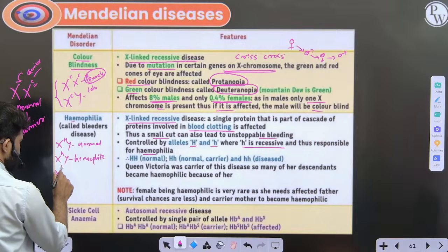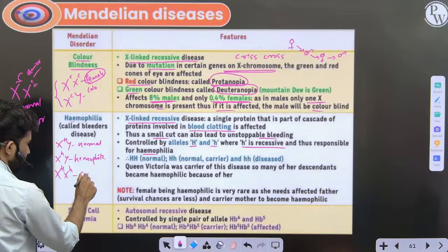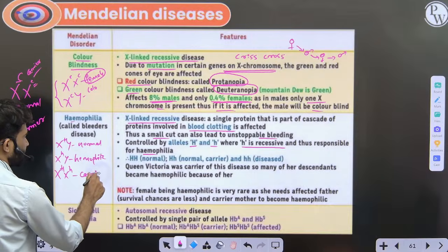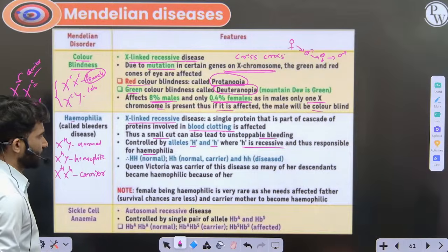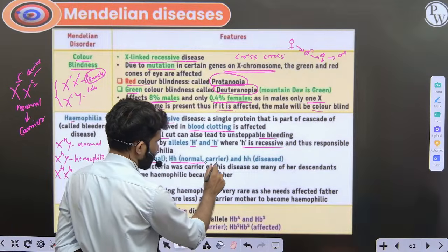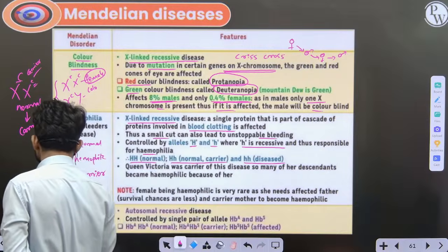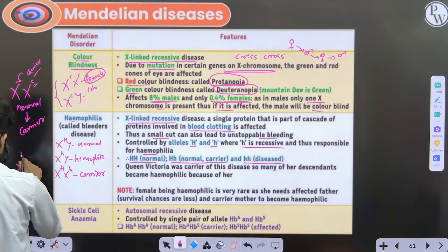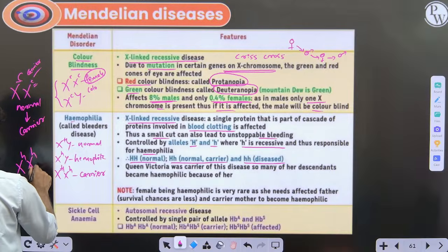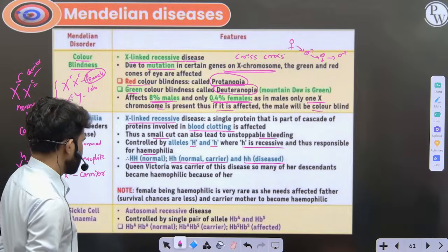Here X^H X^H is normal, X^H X^h is normal and a carrier, and X^h X^h is diseased, which is very rare, because the father should also be diseased.